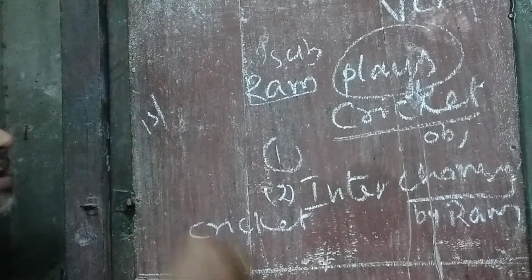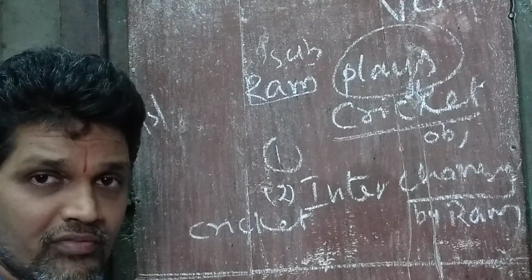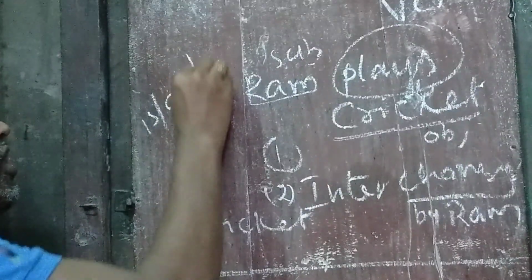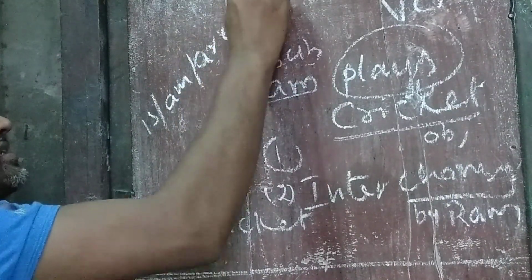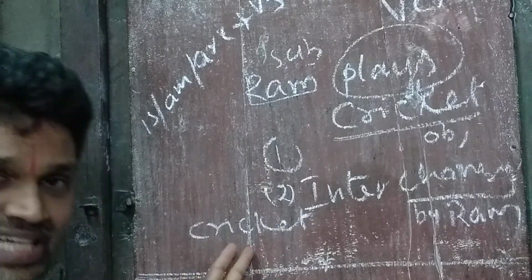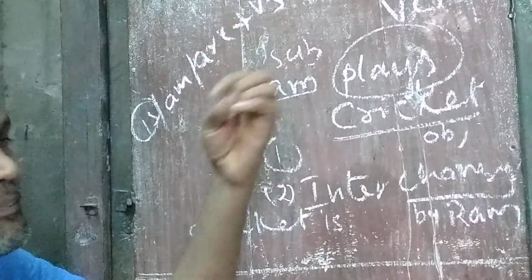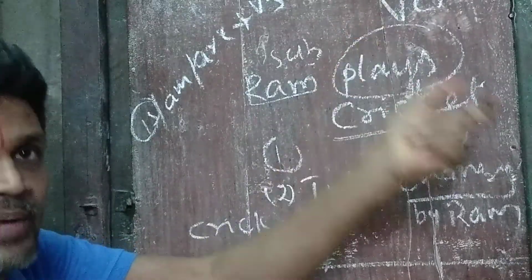So yesterday we learned the formula, the principle is, am, or are plus V3. Because cricket is in singular form, we should write is. Cricket is, and V3 form, play, played, played.